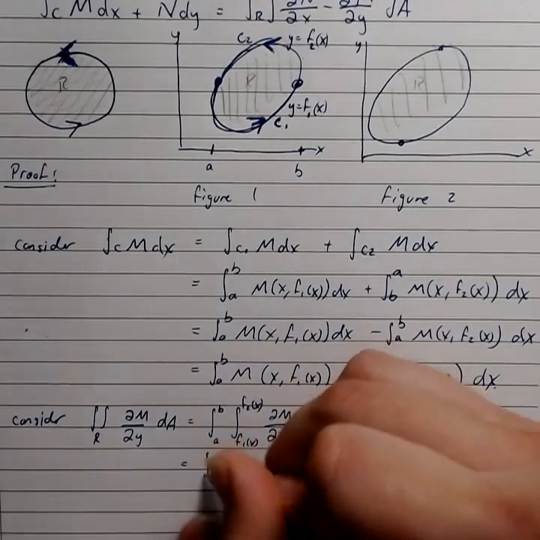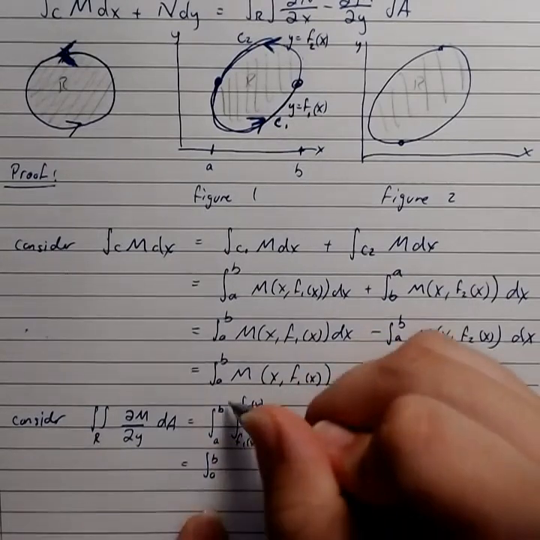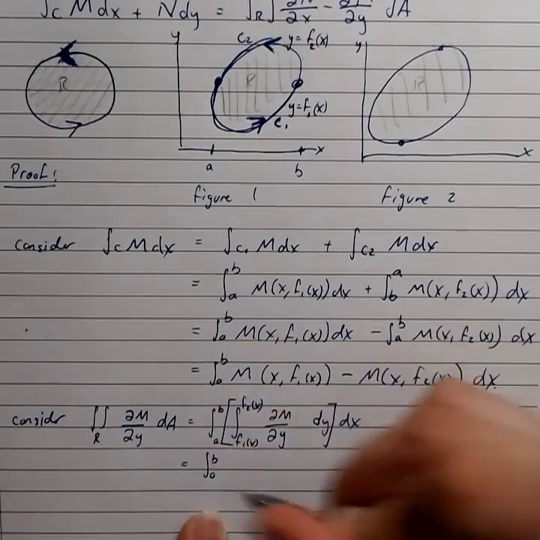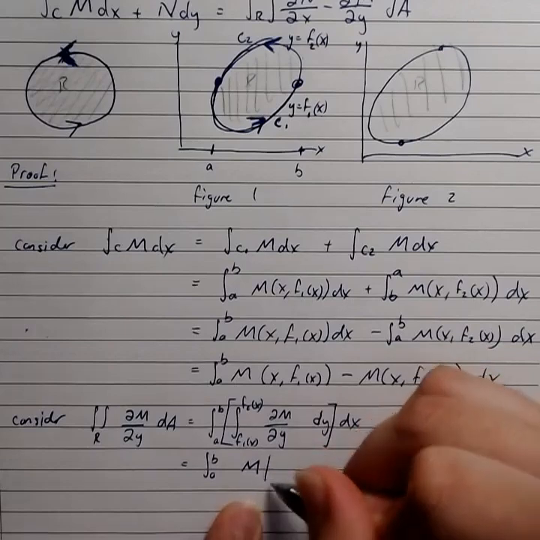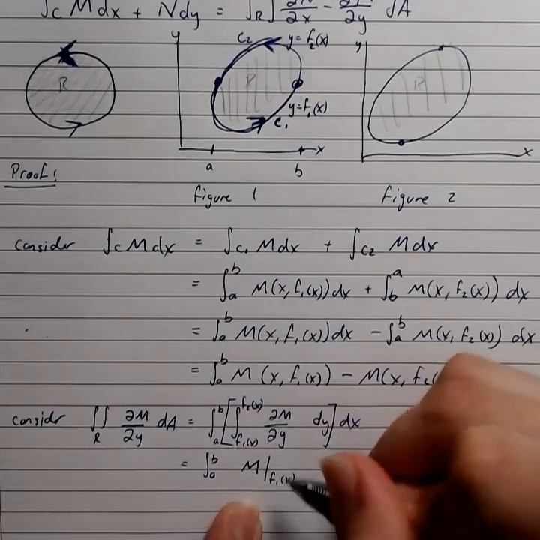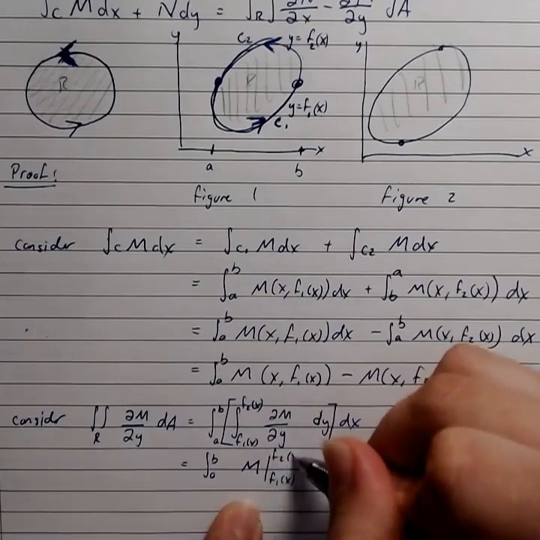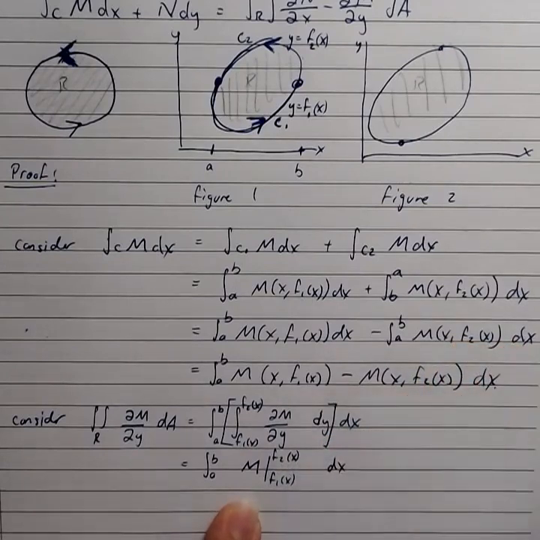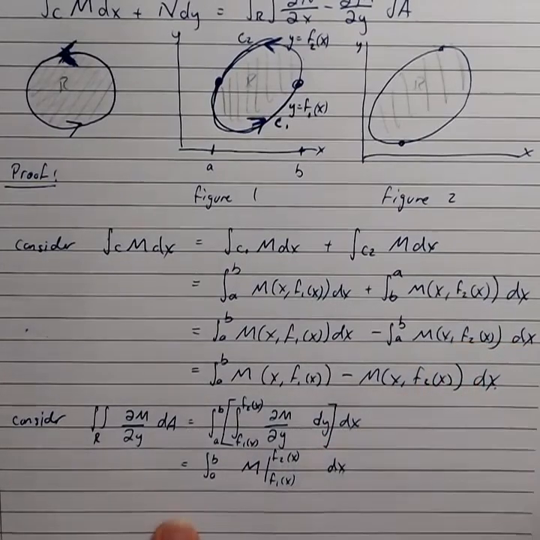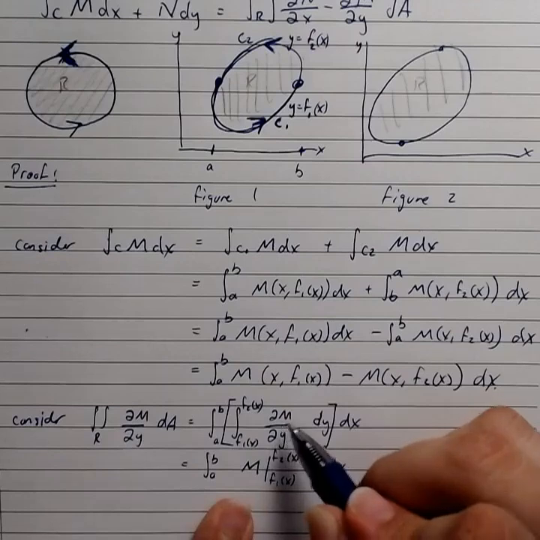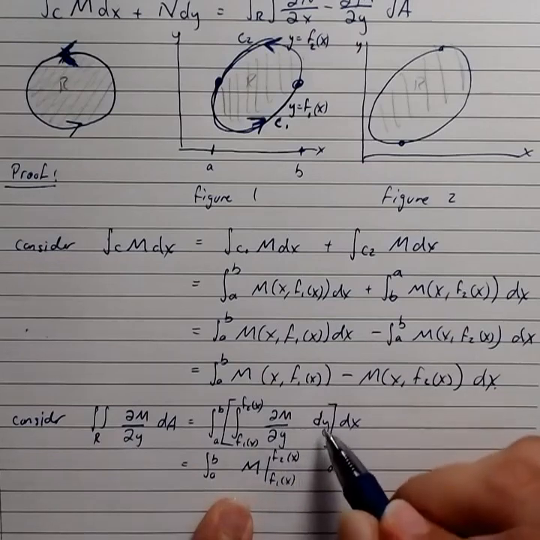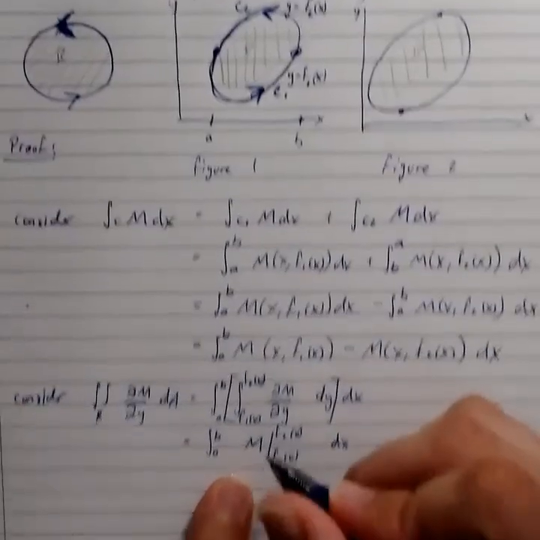So here we can write this as the integral from a to b of M evaluated from f1 of x up to f2 of x, dx. Now remember, M is a function of x and y, and here we're plugging in y equal to something. So x is going to be left alone.